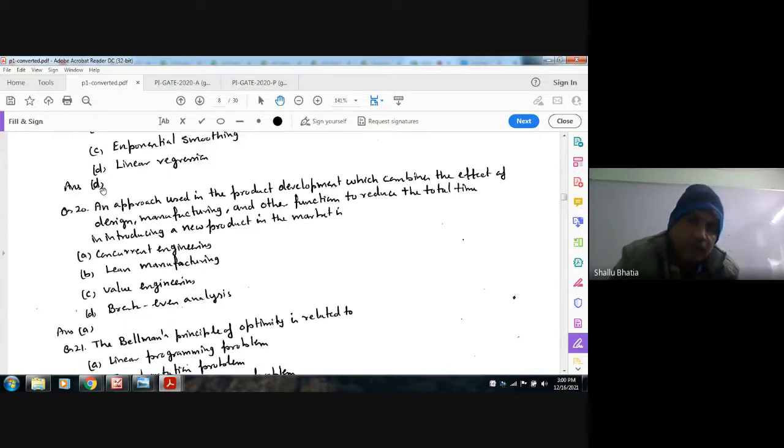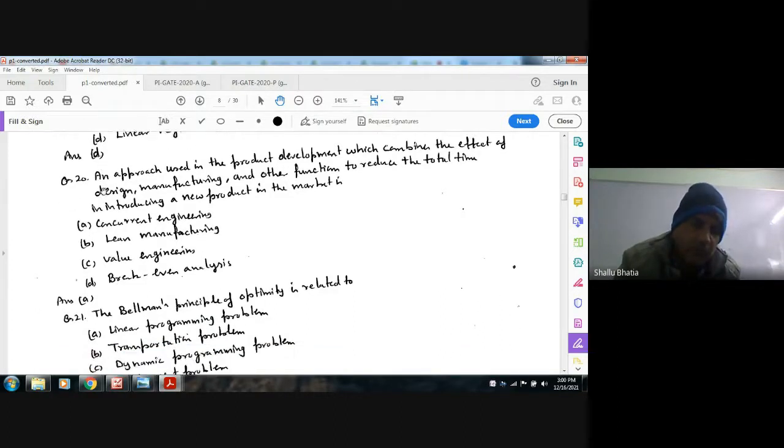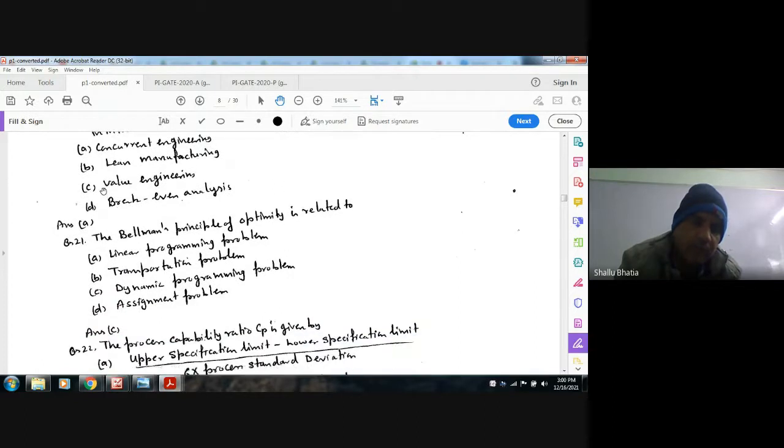An approach used in product development which combines the effect of design, manufacturing, and other functions to reduce the total time in introducing a new product in the market is option A, concurrent engineering.